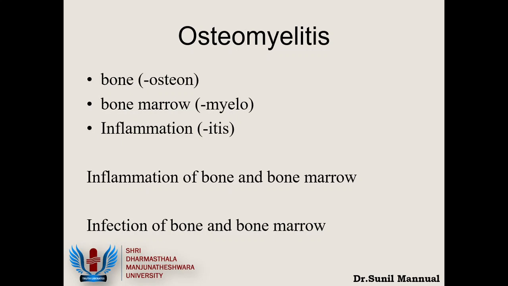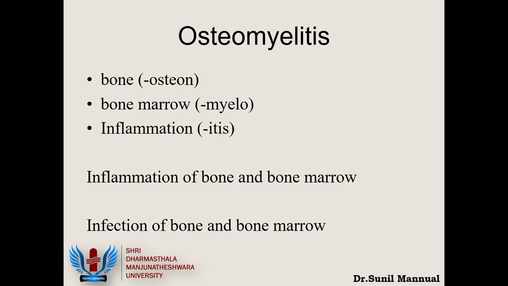When it means inflammation of the bone and bone marrow, we have to be very careful to include not just the cortex, the bony cortex, but also the medullary cavity, and most importantly, we have to understand that even the periosteum, which is the covering of the bone, is also caught up in the inflammation.